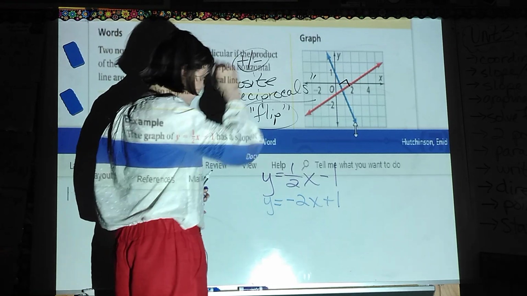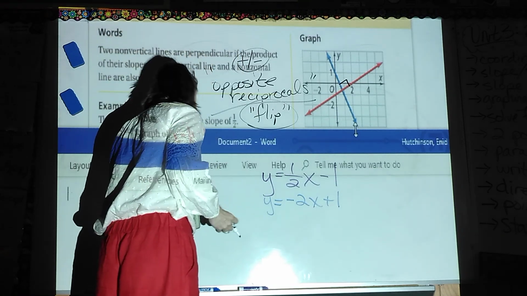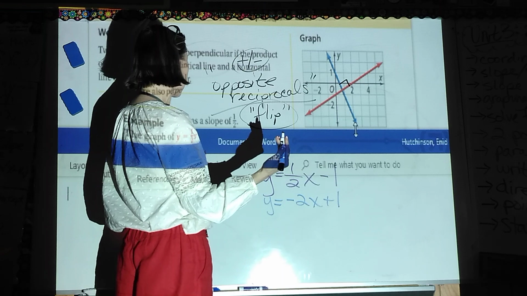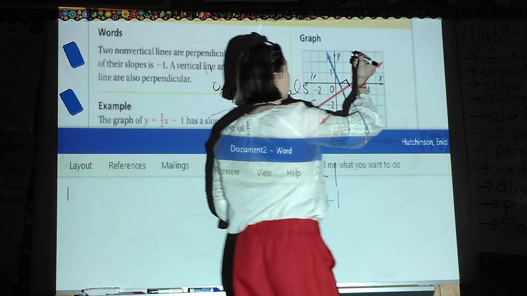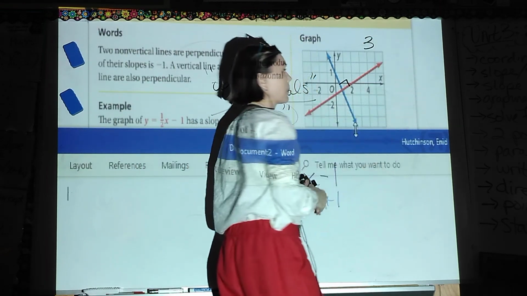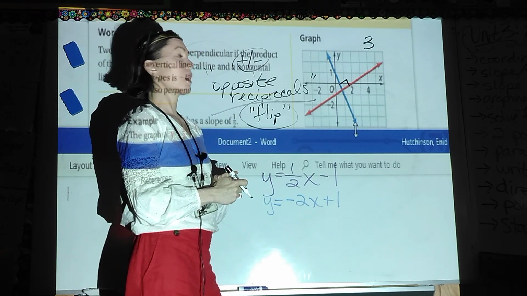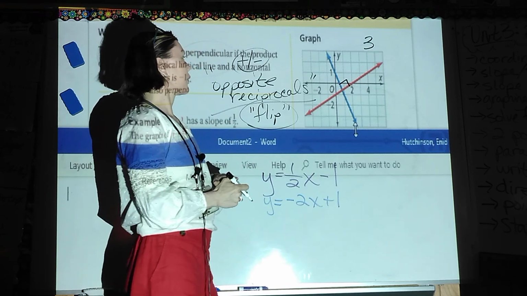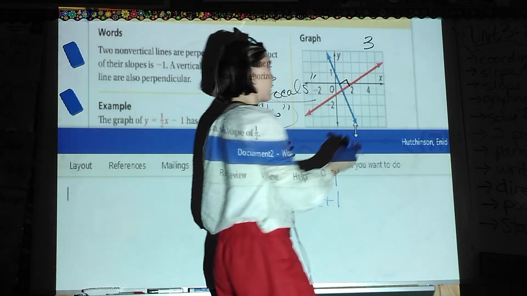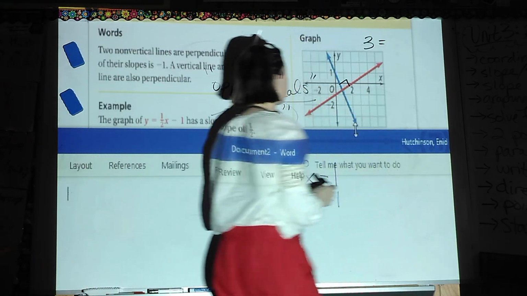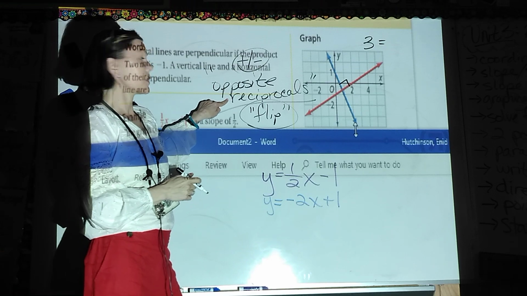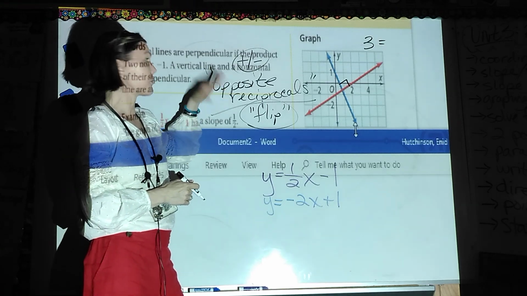Okay, let's go back there. Okay, so if I were to give you the number 3, okay? What would be the opposite reciprocal of a positive 3? Well, the opposite of a positive 3 is -3. Okay? But the reciprocal would be we would have to flip it.